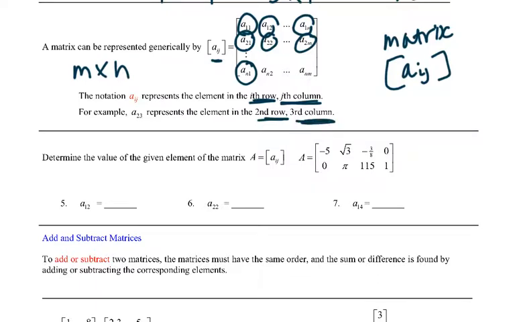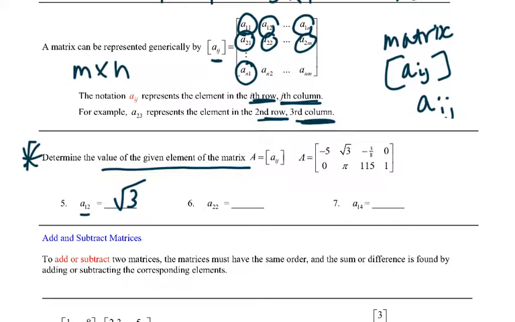Now remember, if I have a sub i j, I can think of this as row, column. It's telling us which row and which column the element is in, and again, the row goes before the column. So, given the matrix A in this next example, we're going to determine the value of the given element. A sub 1,2 is in the first row, second column, that's the square root of 3.